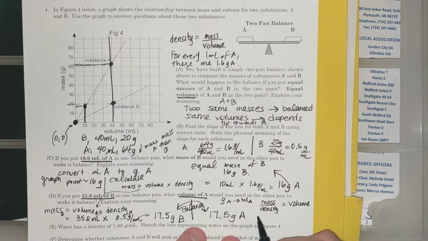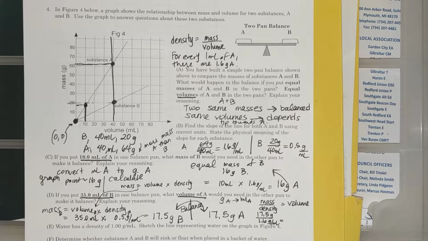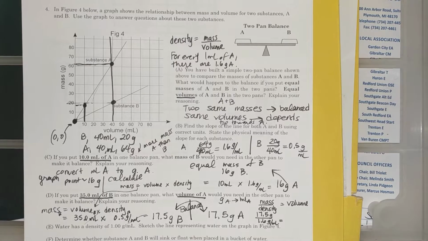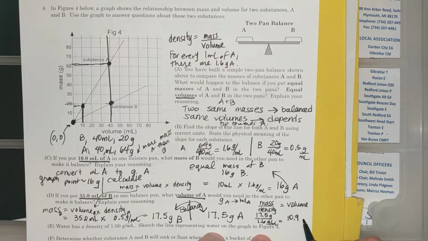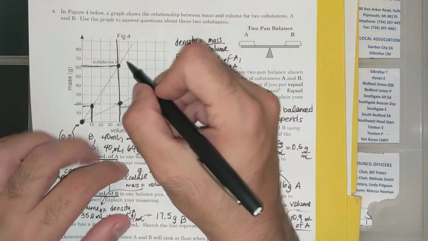So if I do 17.5 grams divided by 1.6 grams per milliliter, I will get about 10.9 milliliters of A.